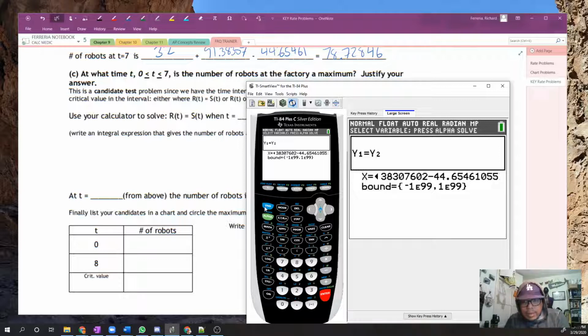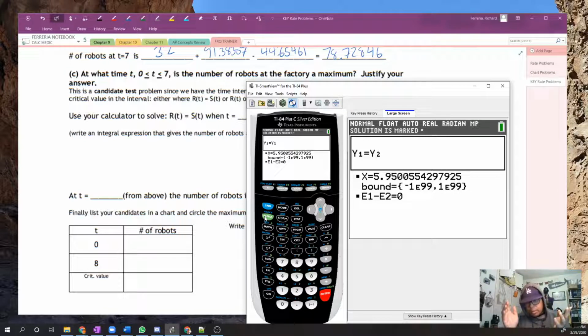Wow, that is not a number I was expecting. Oh, you know why? It's because I pushed the wrong button. Alpha, enter. Oops, I better put the 3.5 there. 3.5, alpha, enter. And there we go, 5.95. So the closest solution to t equals 3.5 is 5.95.